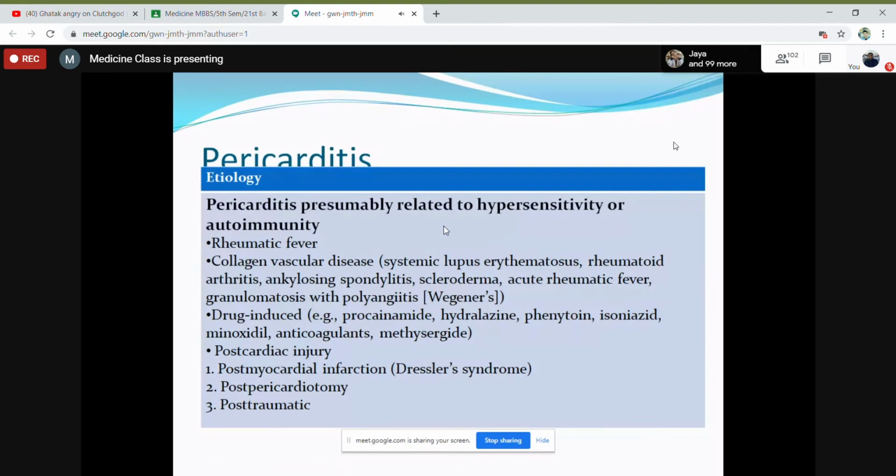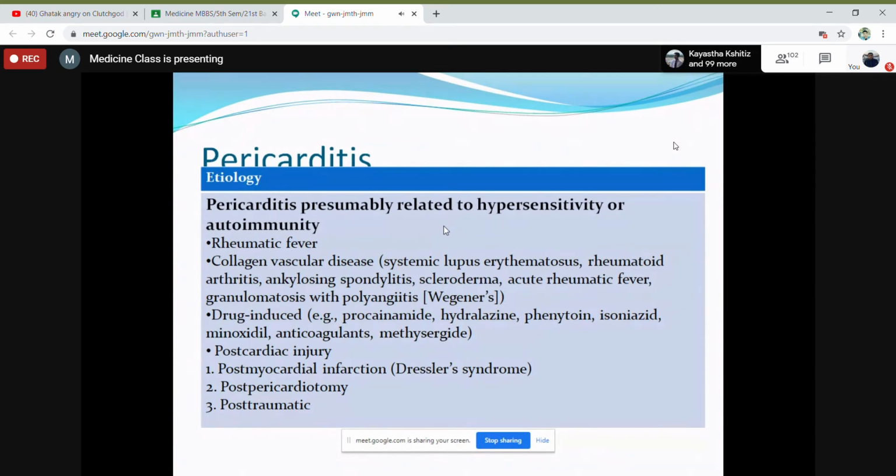So there are some pericarditis which are related to hypersensitivity or autoimmunity. It may be because of rheumatic fever or following some collagen vascular disease like SLE, rheumatoid arthritis, ankylosing spondylitis, scleroderma, acute rheumatic fever, granulomatosis with polyangiitis, that is Wegener's granulomatosis.